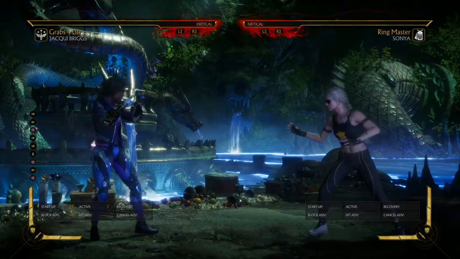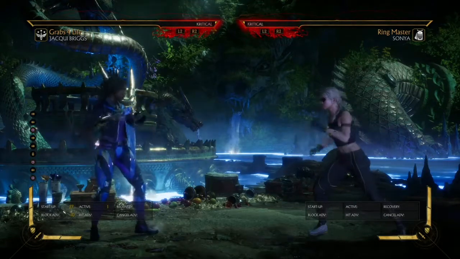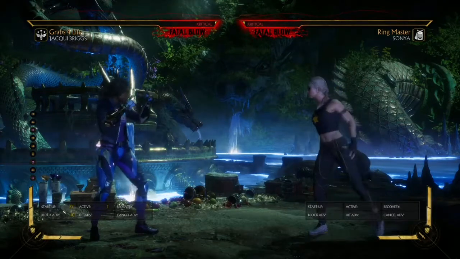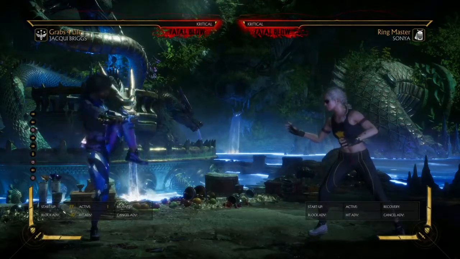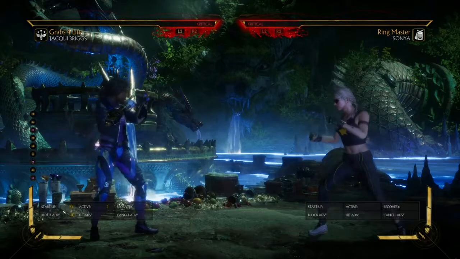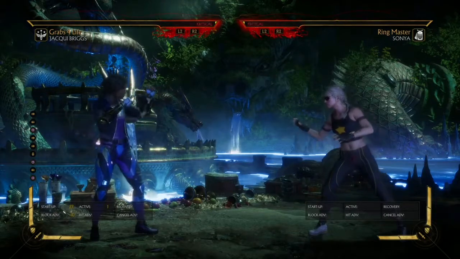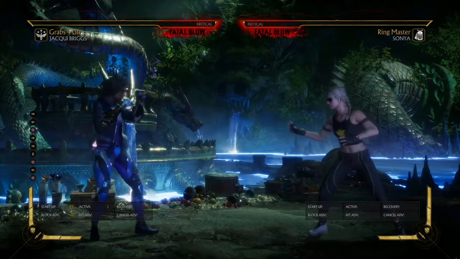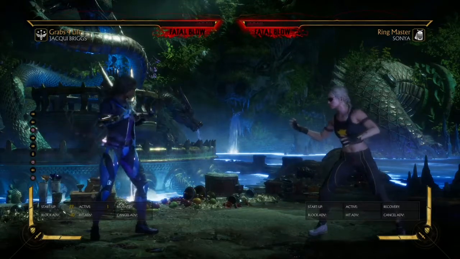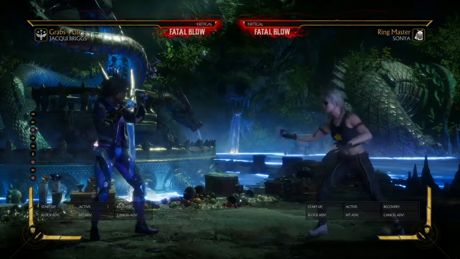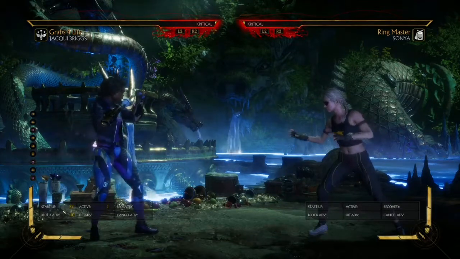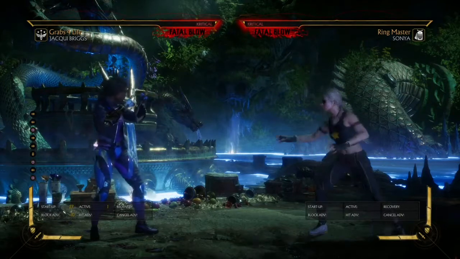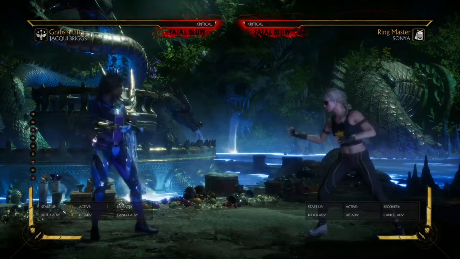So anything under 20 frames basically can't be reacted to and you have to guess, which is where the term 50-50 comes from, where you have an overhead or a low which both have startup frames of less than 20. Since you can't react to them, you have to guess whether to block high or low. Now 20 frames I say is debatable because everyone's reaction times are different. I know I can't react to 20 frames consistently.